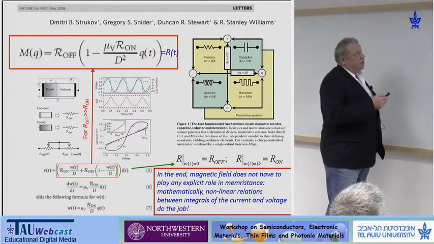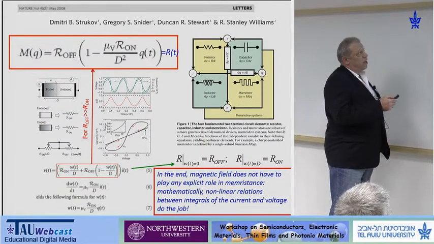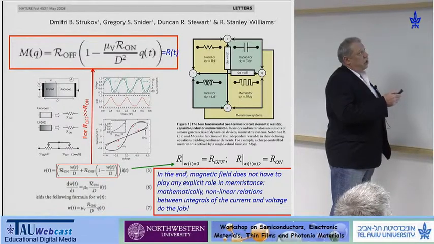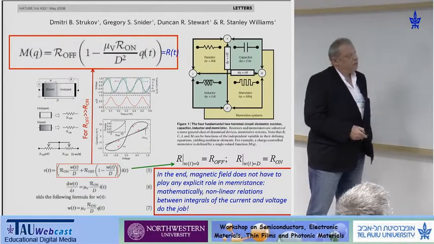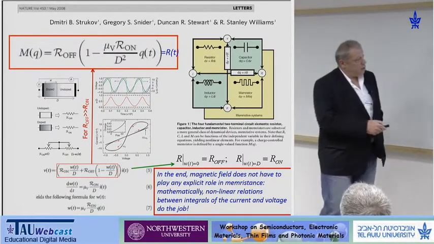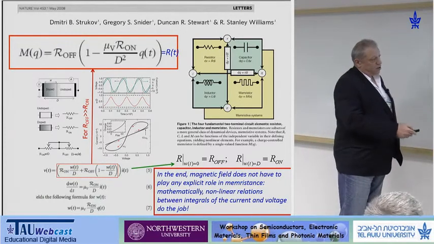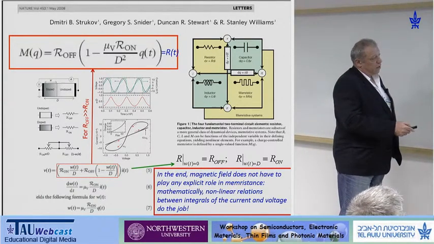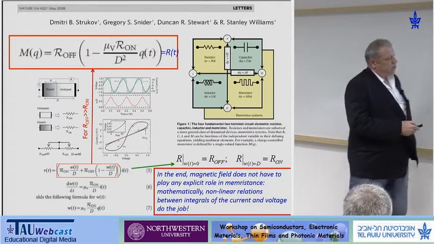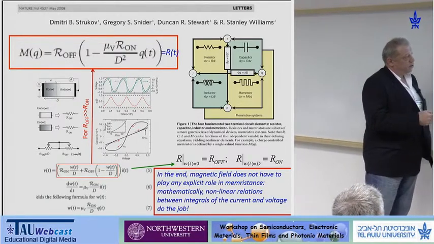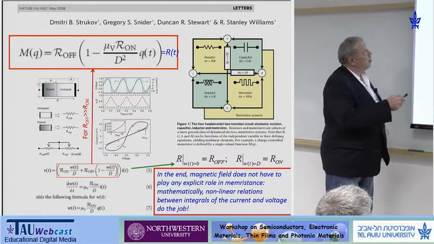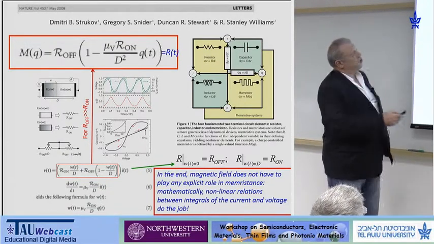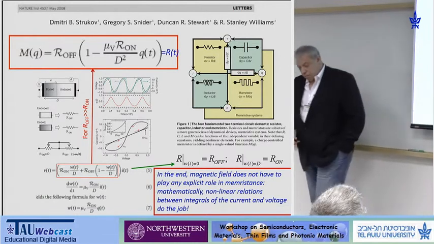During biasing, we will have motion of the dopants, and the doped region will increase, and therefore we will have a change of resistance. And the expression for this voltage division is here. If we assume that the high resistance, R off, is significantly higher than R on, it simplifies to this expression, and this is actually the memristance.